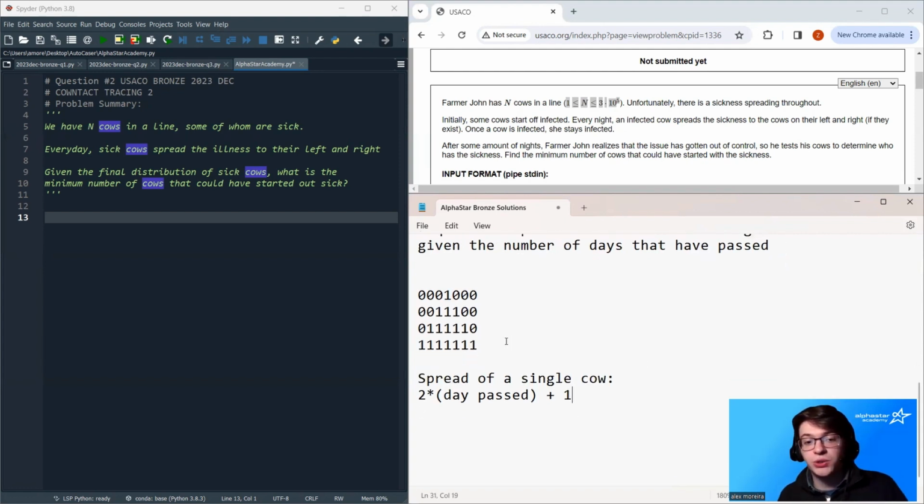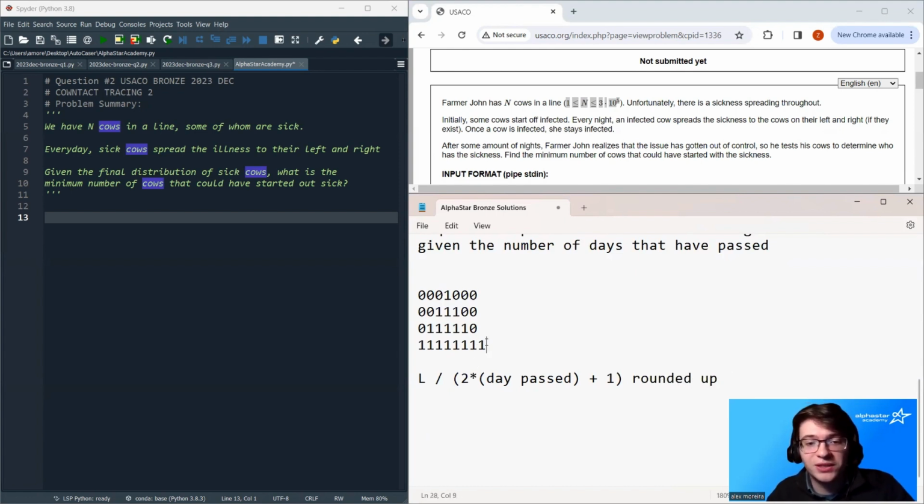So if I'm trying to cover an entire interval using as few cows as possible, I'm going to divide the length of that interval by the spread of a single cow. This is how much space a single cow can take up in that interval. And this is going to be L divided by this, rounded up, right?